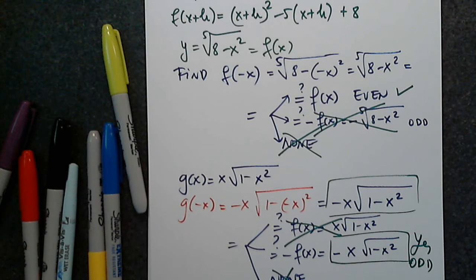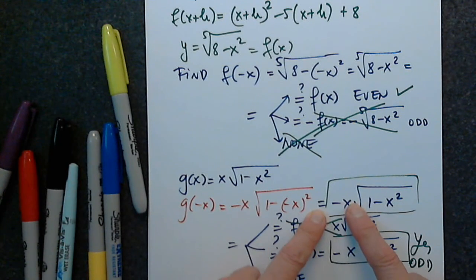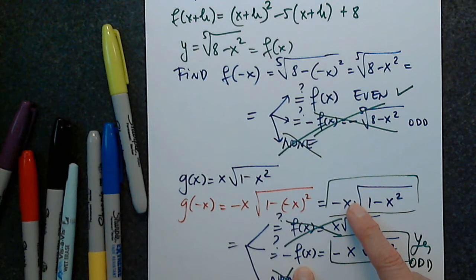So you're only changing the value of x, not everything else. F of negative x is one quantity. The opposite of f of x is a different quantity. So once I'm done with g of negative x, then I have to compare it against the function, and I have to compare it against the opposite of the function.